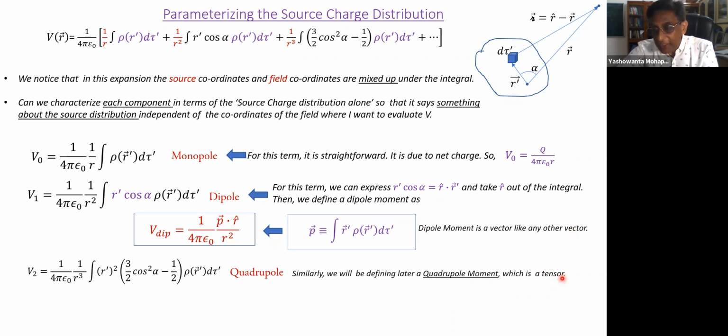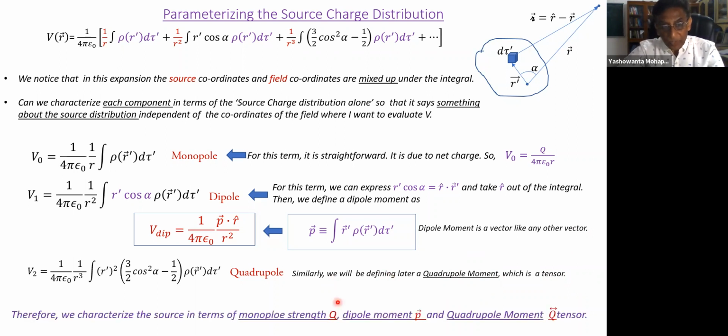But I will come back to that in a later video. So we characterize the source in terms of the monopole strength Q, the dipole moment p, and the quadrupole moment tensor, which I'll take up in the next lecture. All right. So this is the dipole moment.